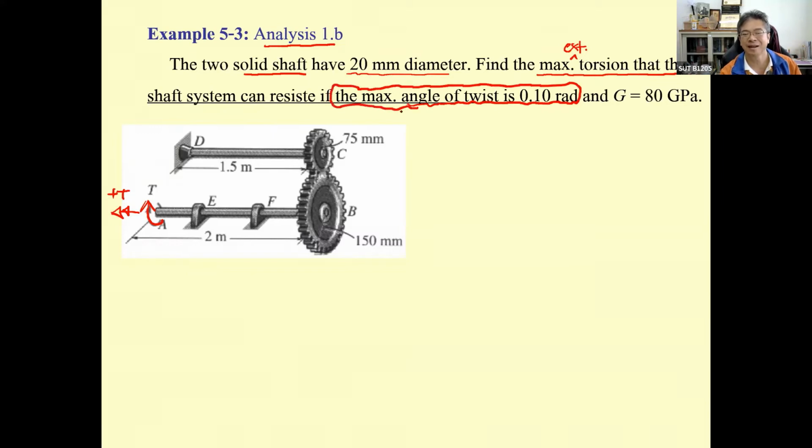Again, if it's based on the allowable power, yes, it can, but you are supposed to go back to the previous lecture on last year's midterm examination. They asked you analysis 1.b to determine the torsion T, but that problem was based on the allowable tau. So by doing this, phi equals TL over GJ. We are going to find the T. The T is going to be phi allowed times GJ divided by L.